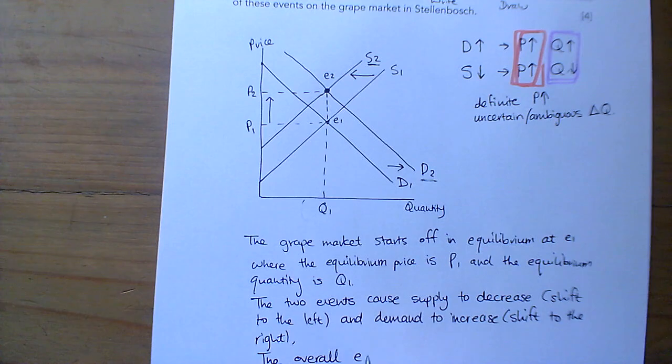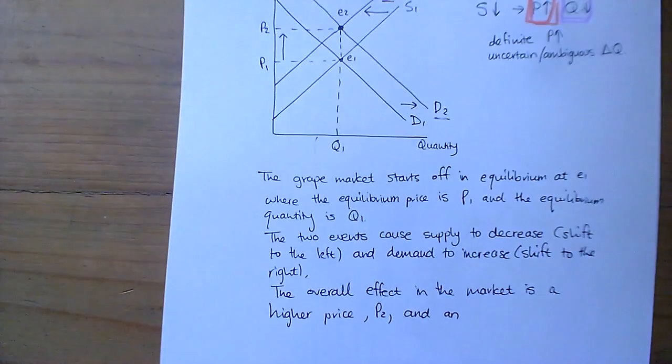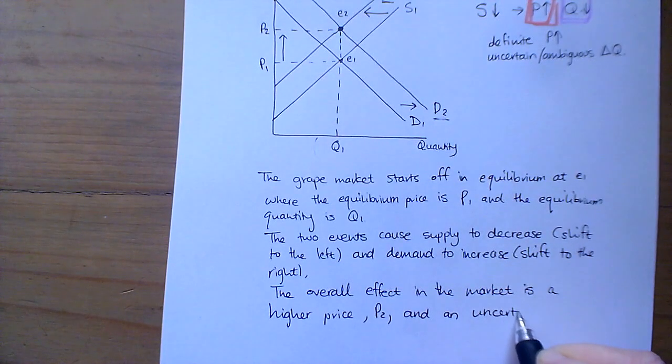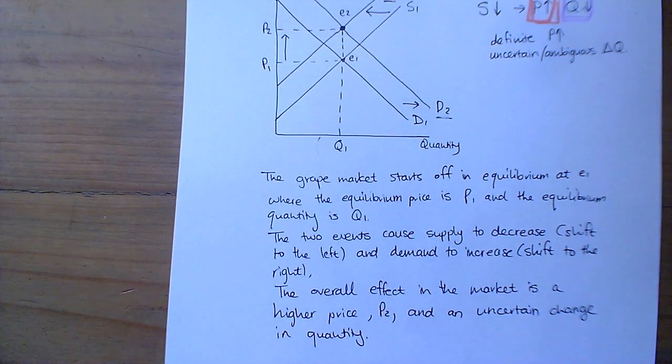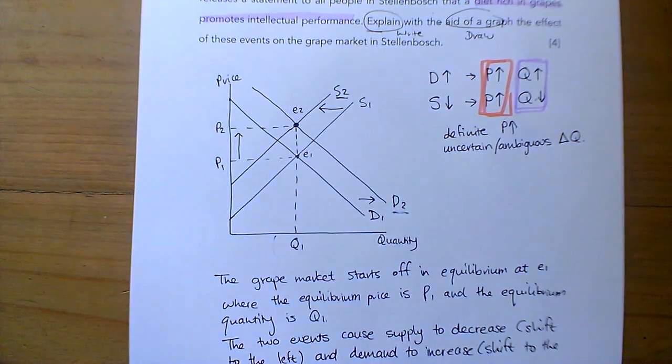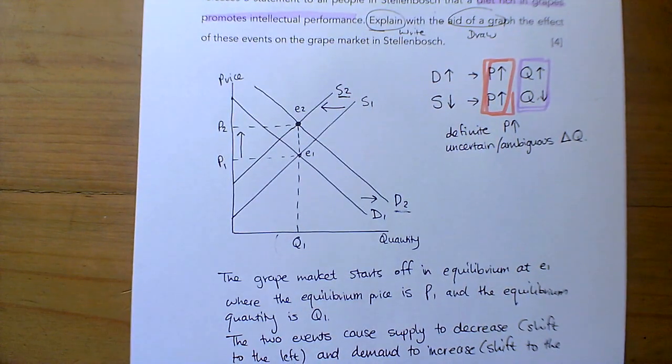The overall effect in the market is a higher price, P2, and an uncertain change in quantity. So here I am describing what I have drawn in my picture.